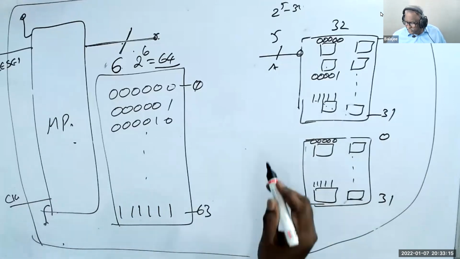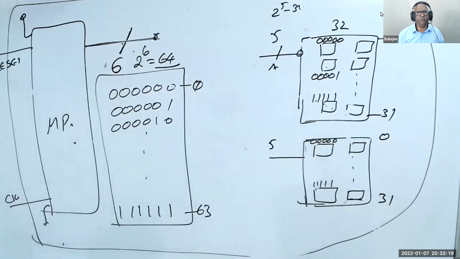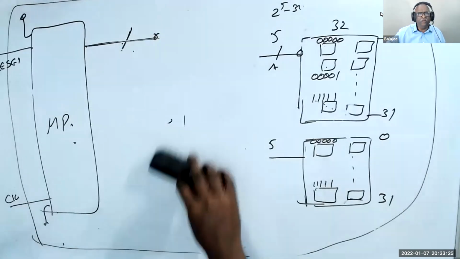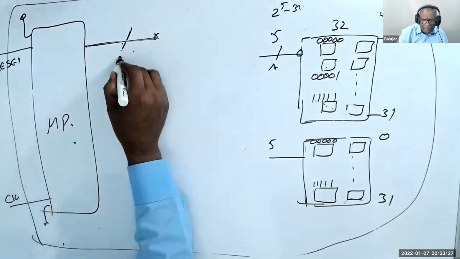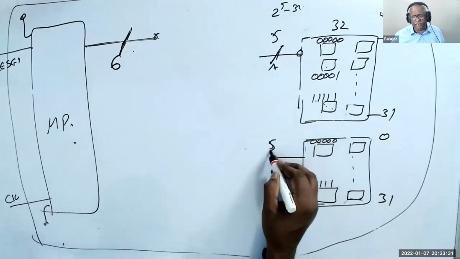Now this guy also has 5 wires. So now think of it. From the microprocessor I have 6 wires, and here I have 5 wires and 5 wires. How do I connect it?